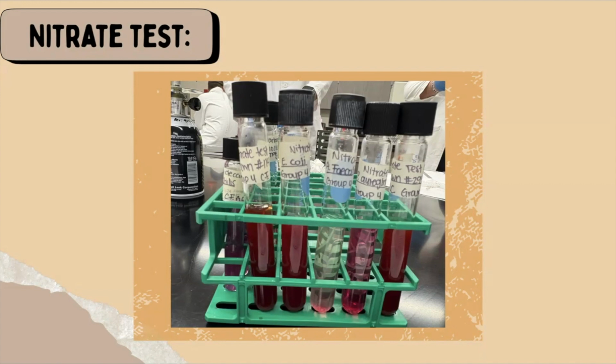This we interpreted as negative, no nitrate reduction. For P. aeruginosa, there is a deep pinkish color. This could be a control anomaly. It's negative, and it's supposed to have no color change. And for unknown 294, we saw a red color change, which just meant positive, nitrate to nitrite.